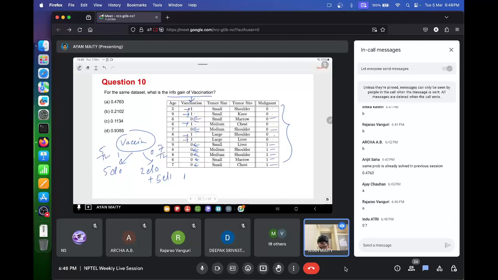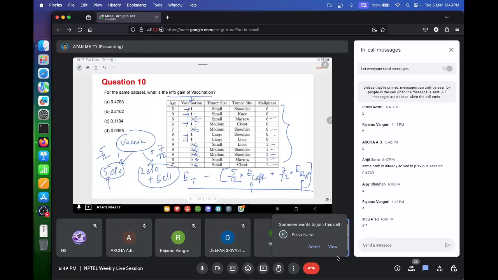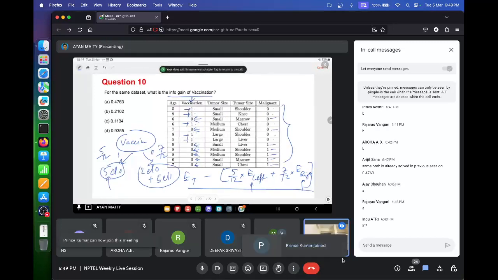So the total entropy minus, you have to compute this 5 by 12 into entropy of the left subtree plus 7 by 12 into entropy of the right subtree. Yeah, so this is the information gain that you have to calculate. This E left and E right are the entropy values for the left subtree and right subtree, which can be computed using these quantities: 5 of class 0, and 2 of class 0 and 5 of class 1.